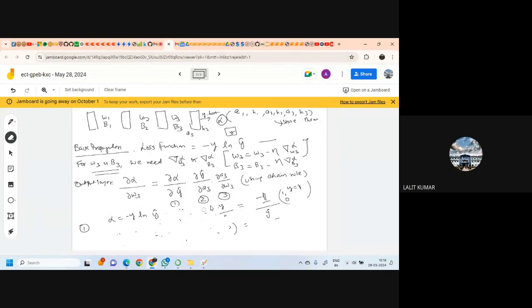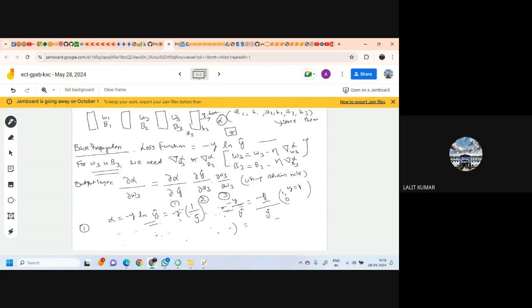So this becomes minus y, and when we take the derivative of this, it becomes y hat. So we can write this as minus y over y hat also.